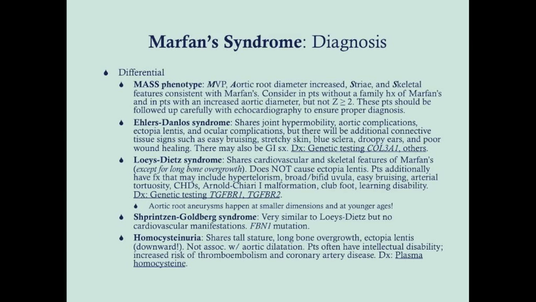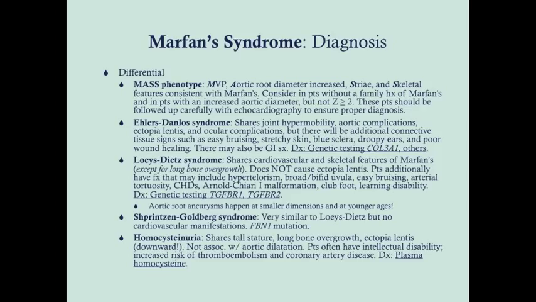So the differential includes a MASS phenotype. A MASS phenotype is where you have mitral valve prolapse, an increased aortic root diameter, striae, and skeletal features consistent with Marfan's. So this would be a case where really the distinguishing factor is going to be the growth in the aortic root diameter.